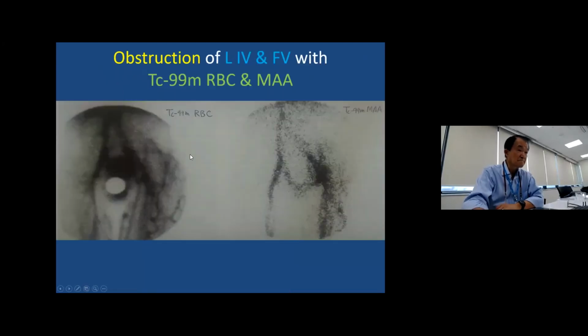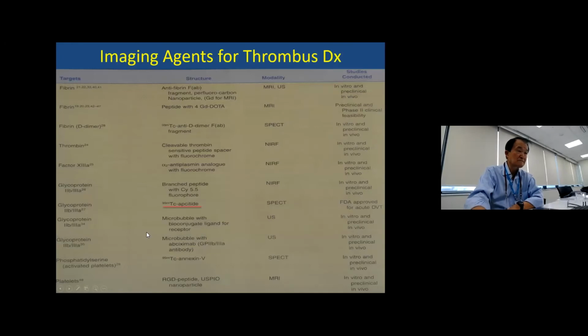Here you can see the right side, but there's obstruction here, collateral connecting to the opposite, and a lot of collaterals in the upper thigh. The red cell study also shows this iliac popliteal, but these are all just collaterals.